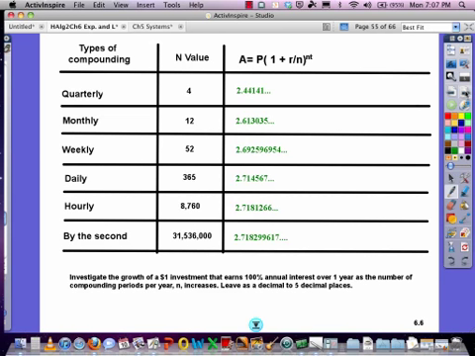And notice I didn't even round them to dollars and cents. I made you start looking at, again, the pattern. So I said keep 5 decimal places. So look, we went from a 2.44-ish number when we did quarterly, so 4 times a year the bank would do our account, all the way down to, if we did it by the second, let's see what happens to that $1.